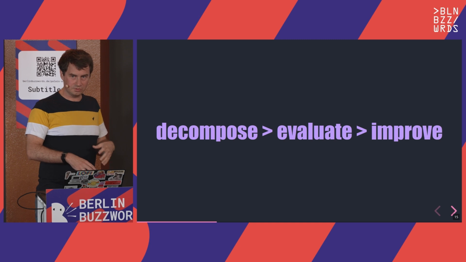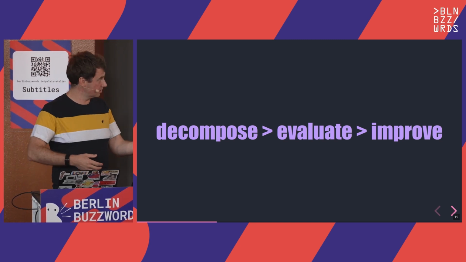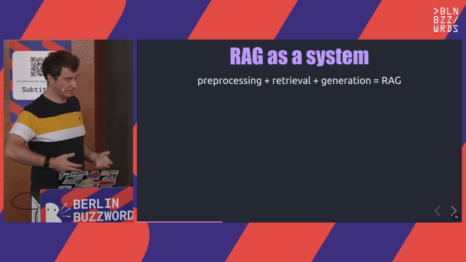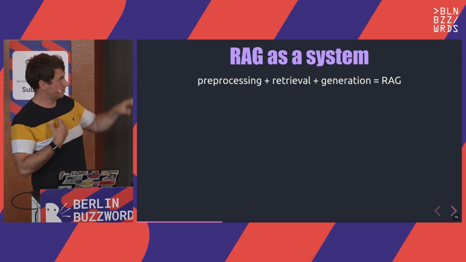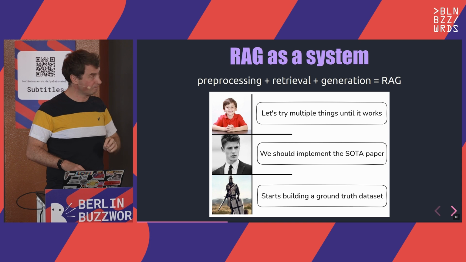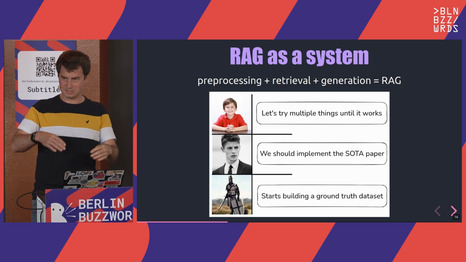If you are trying to evaluate a system from a system perspective, you decompose it, then evaluate, improve, and hope that the system overall is also going to improve. From my personal experience, RAG consists of three things: preprocessing, retrieval, and generation. There are different approaches to systematic improvement.